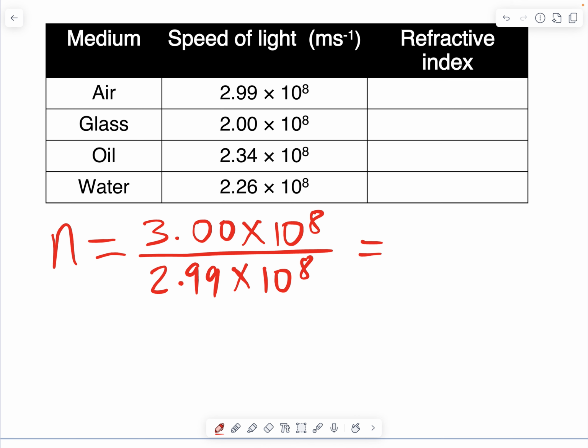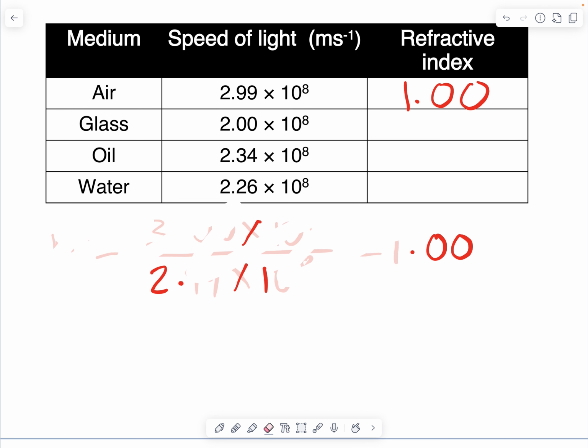If you type that into your calculator, 3 divided by 2.99 basically gives you 1.0033. So essentially the refractive index for air is 1.0 because the speed in air and the speed in a vacuum are almost identical. So that's the refractive index for air.